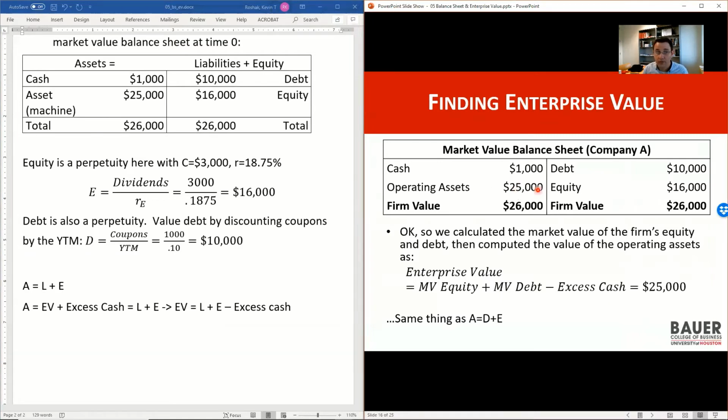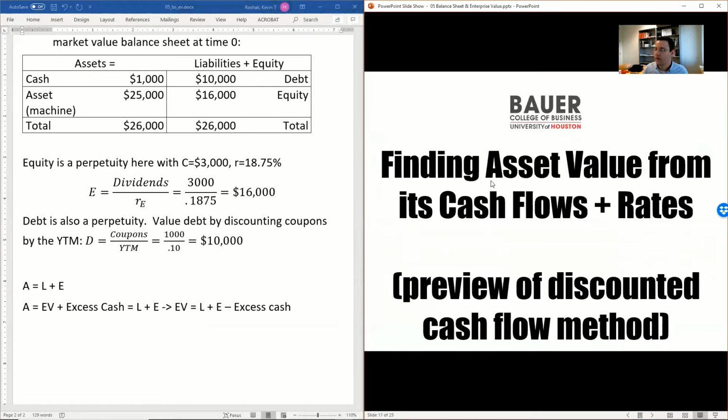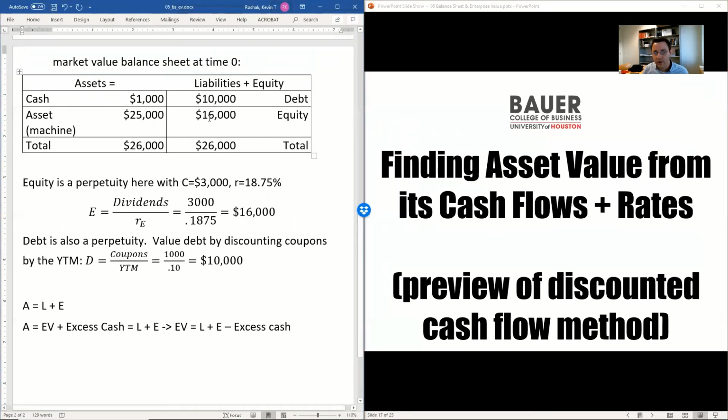That would be the value of the operations machine. All right. So that was one way to find asset values. If you can look in the stock market, you see the value of the equity. You can look in the debt market, find the value of bonds. That tells you the right-hand side of the balance sheet, and then you can infer about the left-hand side of the balance sheet.